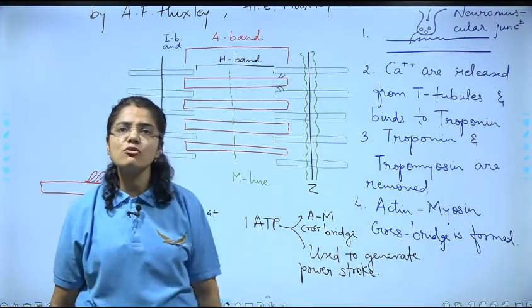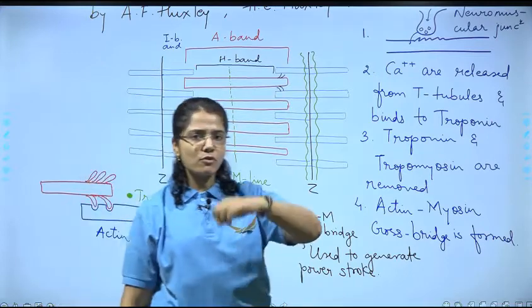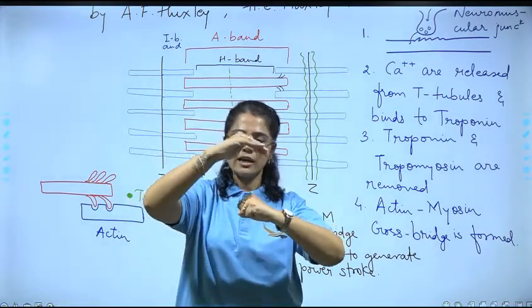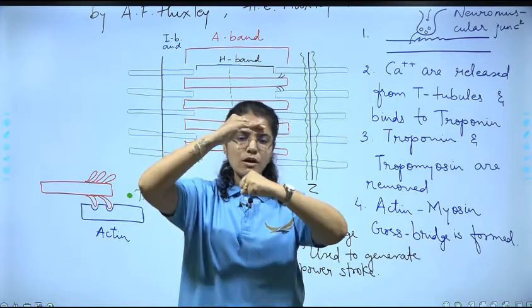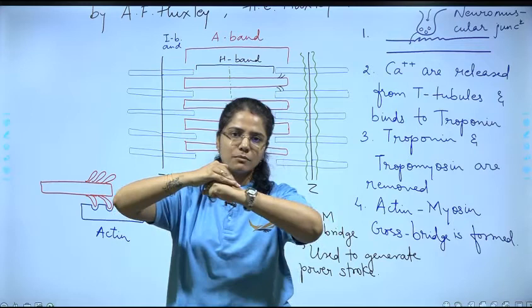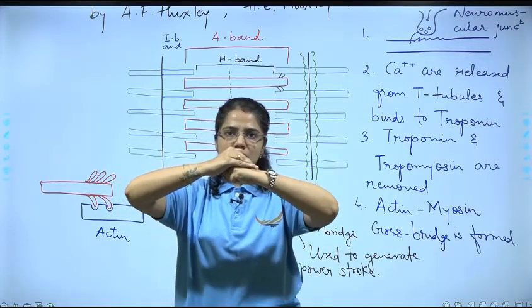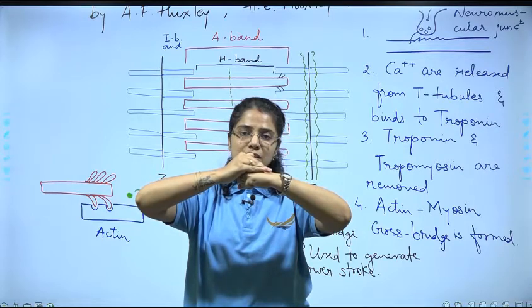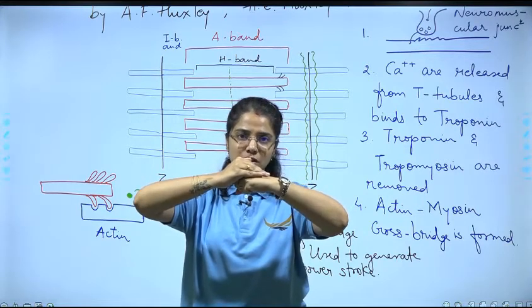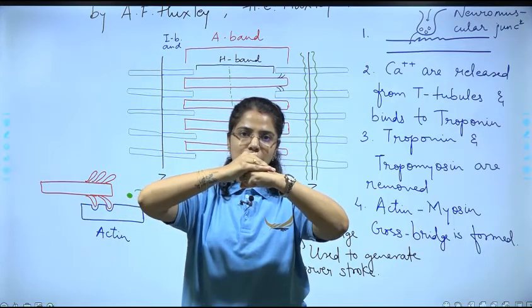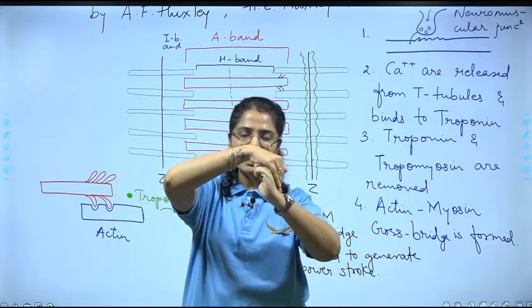Now what is this power stroke? Suppose this is the myosin head, and this is actin, so this is its active site. So it is going to fit in like this and the cross bridge formation has taken place. So part of the energy is utilized in formation of this. Now when it makes a power stroke, another part of the energy is used in taking a power stroke, that is, it pushes the head like this.